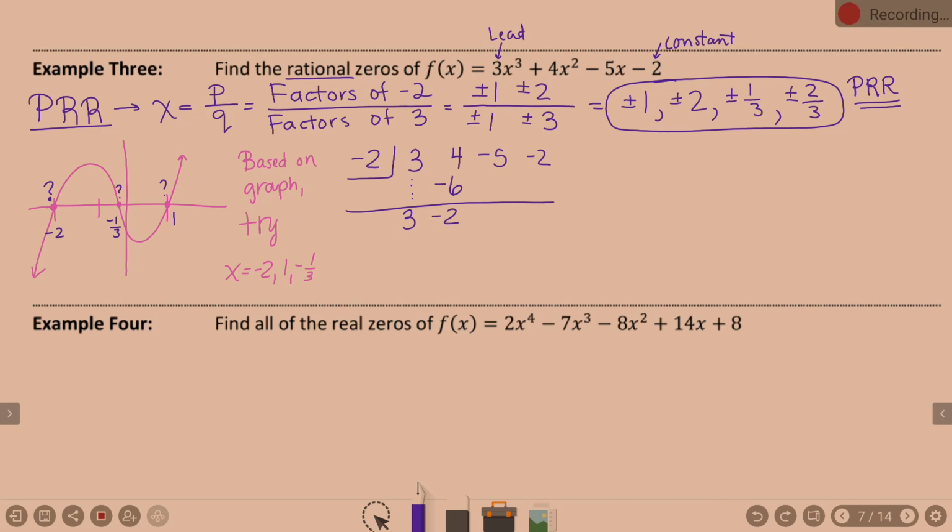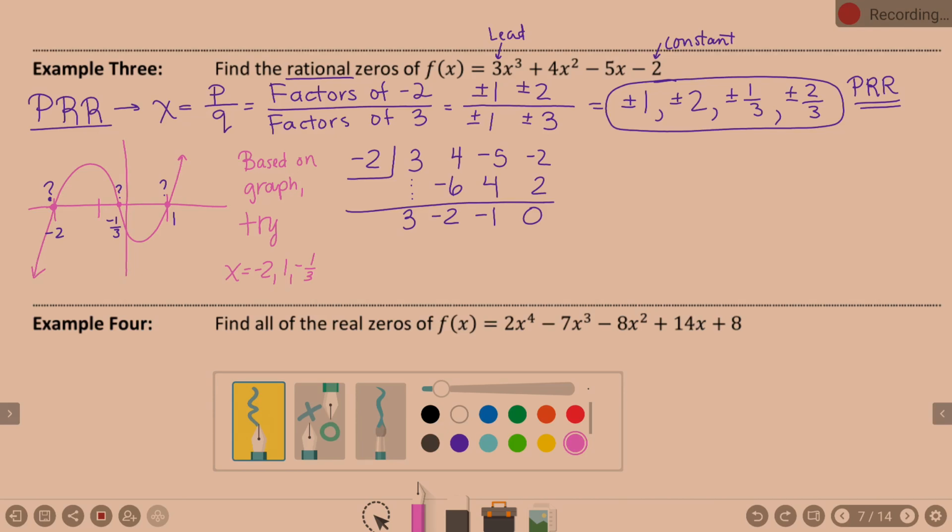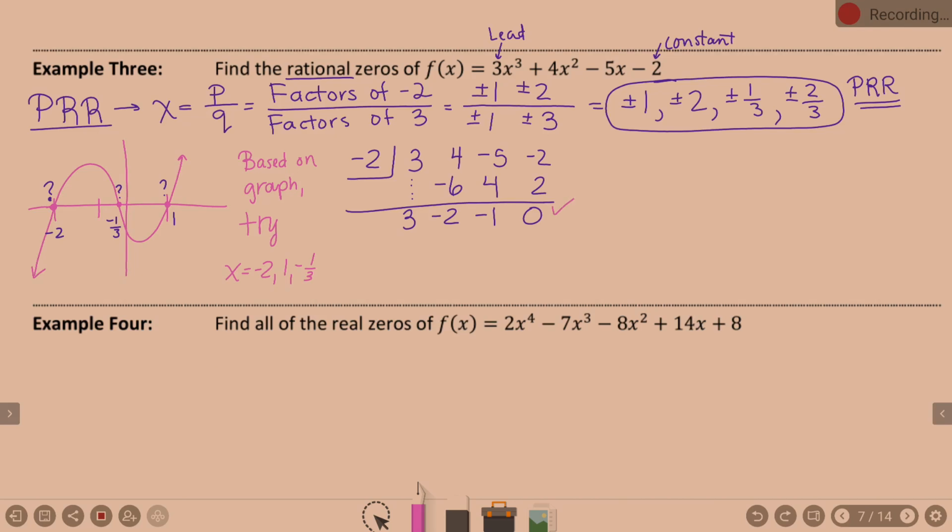Multiply. -2 times -2 is 4. Add. -5 plus 4 is -1. -2 times -1 is +2. -2 plus 2 is 0. What's that 0 tell me? It works, yes?